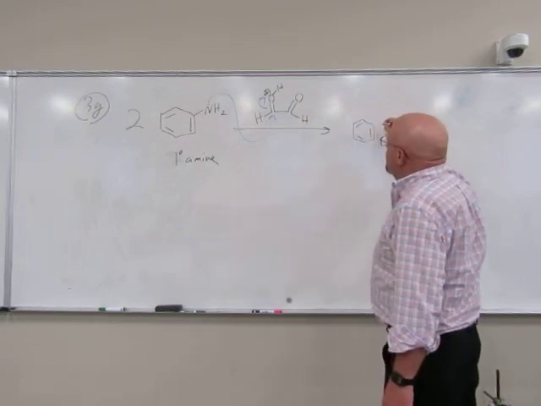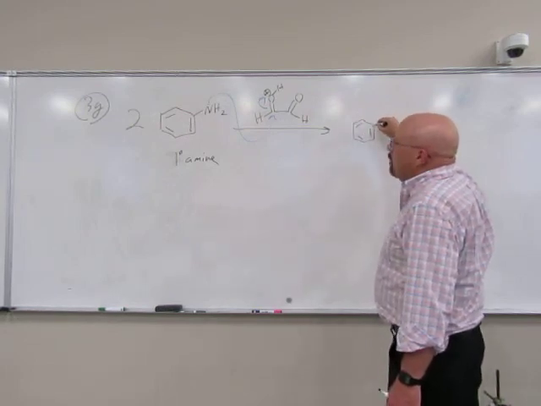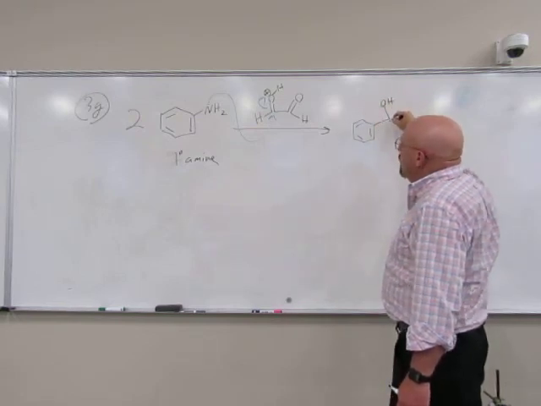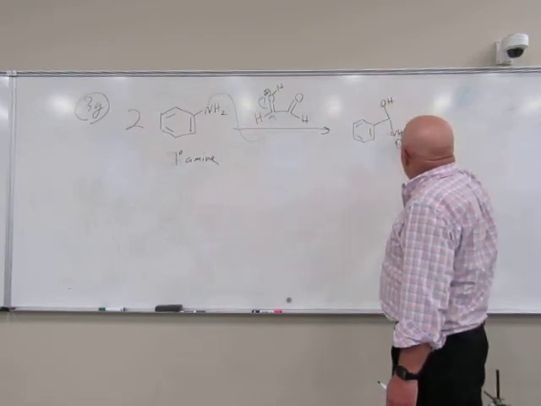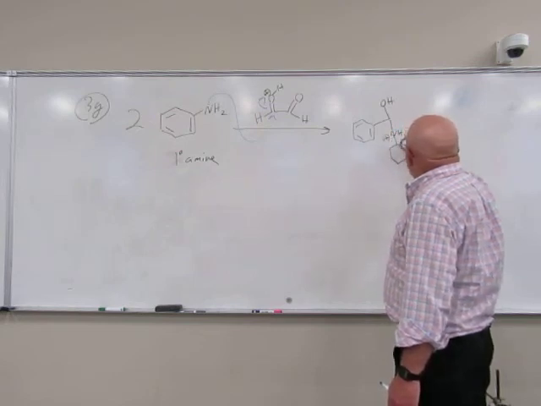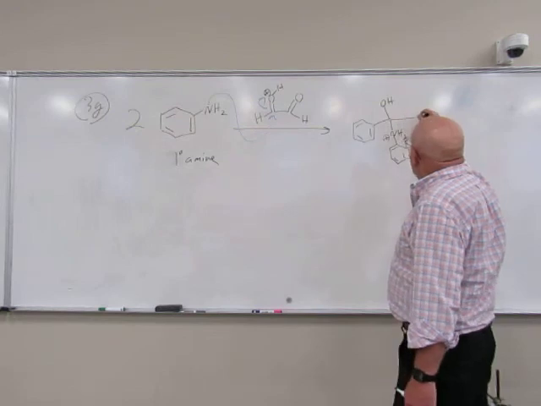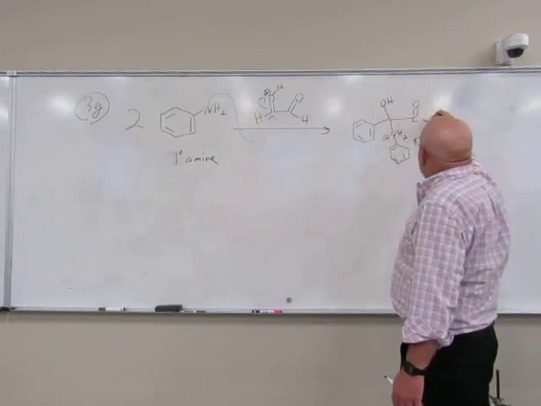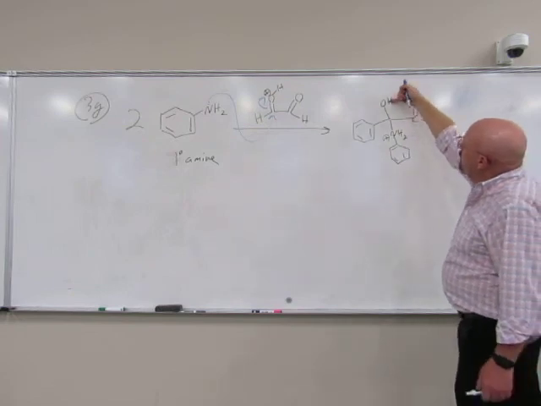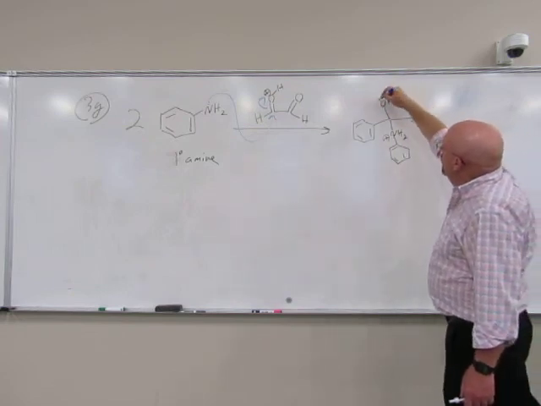I don't remember if I told you whether I would ask this one or not as a mechanism. This one's pretty straightforward, it's not too bad. Now, we're going to move a hydrogen over so that we have a water molecule that can leave.